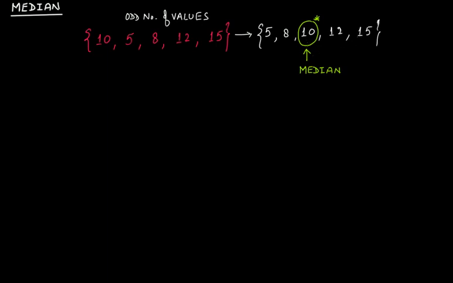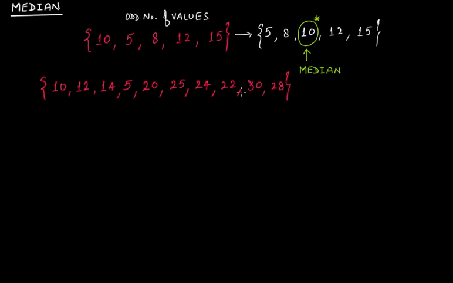Now let's take a data set which has even number of values, and let's say we have the data set as 10, 12, 14, 5, 20, 25, 24, 22, 30, and 28.